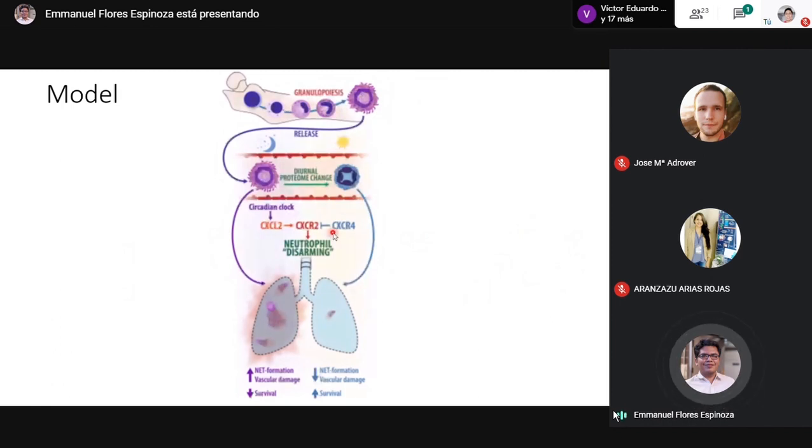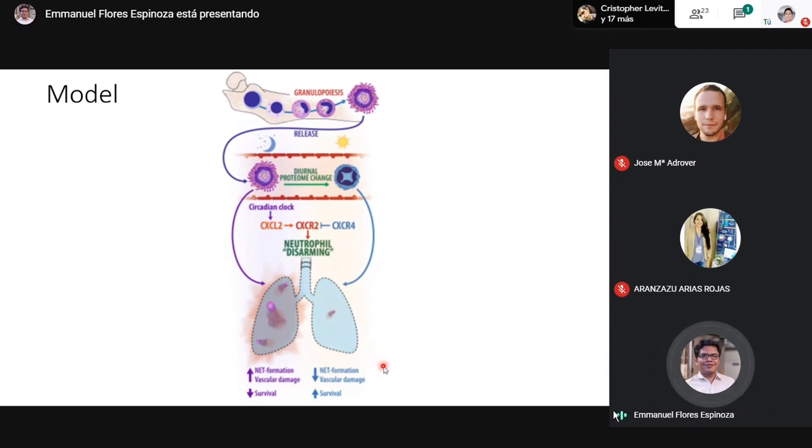So there are two scenarios. You can have more NET formation, more vascular damage, and less survival when the neutrophils are not driving this disarming program. But if the neutrophils arrive with this disarming program, you can see less NET formation, less vascular damage, and more survival.